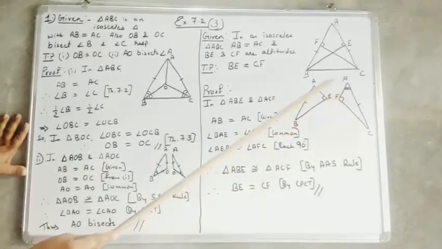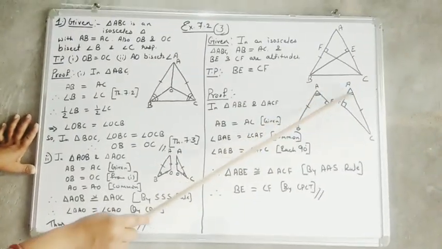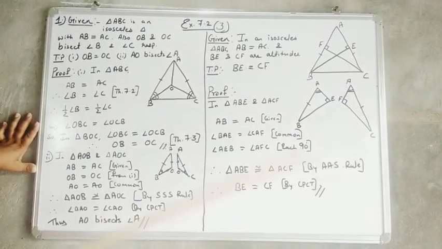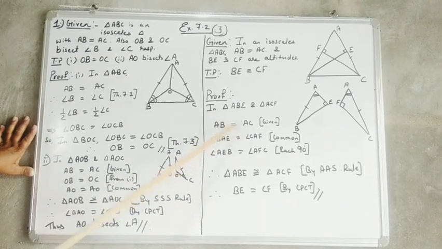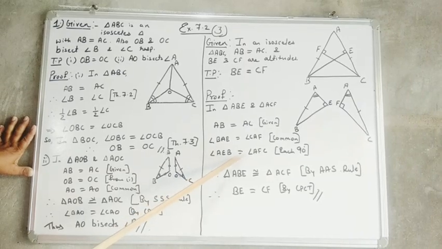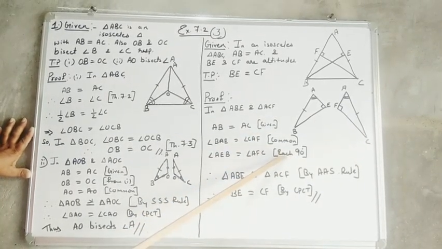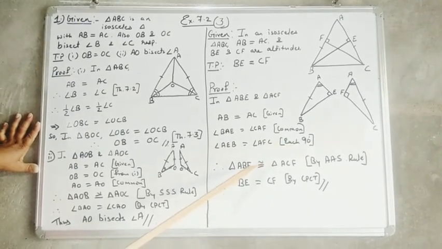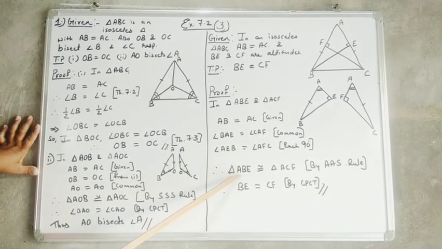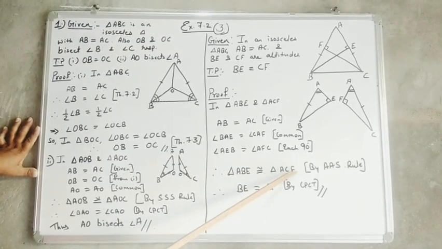Angle E and angle F are both 90 degrees, and angle A is common in both. So we have three things here: AB is equal to AC, angle BAE is equal to angle CAF, and angle AEB is equal to angle AFC, which is 90 degrees. On the basis of these three elements, we can say triangle ABE is congruent to triangle ACF.